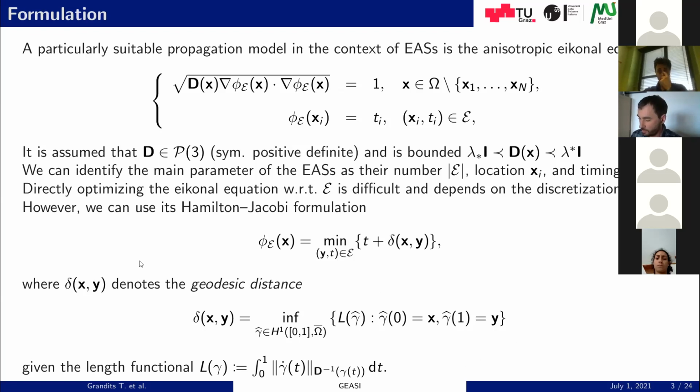And this is defined by this equation. It's not so important that you know it, but basically you take the shortest path of all possible paths between 2 points x and y, where y is our earliest activation site. The length functional is defined by this metric D, the conduction velocity.